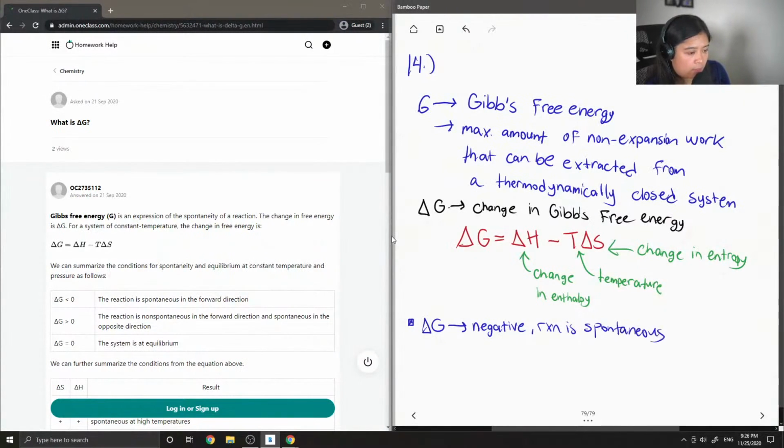When you get a delta G that is positive, this tells us the reaction is non-spontaneous. And finally, when delta G is equal to 0, that means the reaction is in equilibrium.